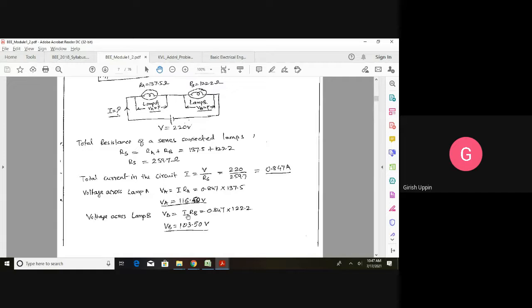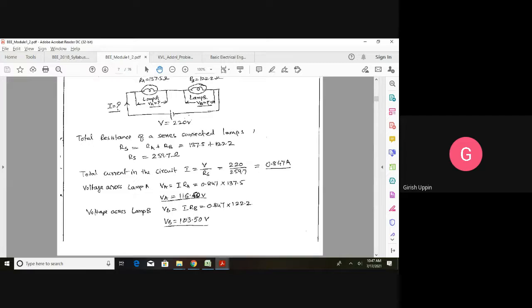Same, I into RB, whatever current is flowing, I into RB, we get 103.5 volts. So there are two ways to calculate. Once you find VA, VB can also be calculated as V minus VA, because V is equal to VA plus VB. You can use either that or you can use this one.